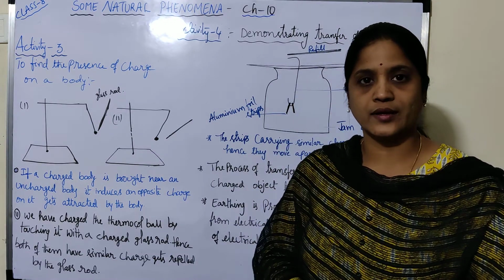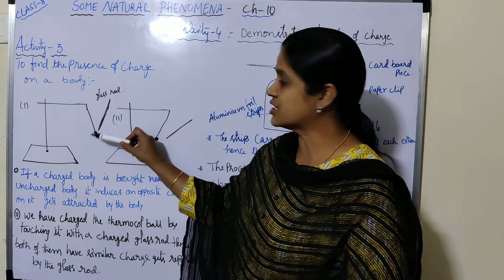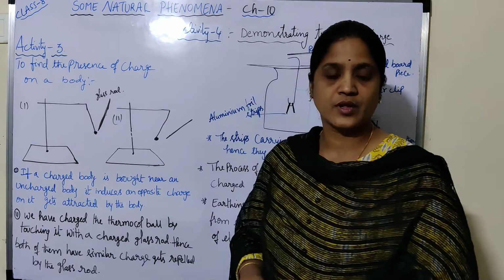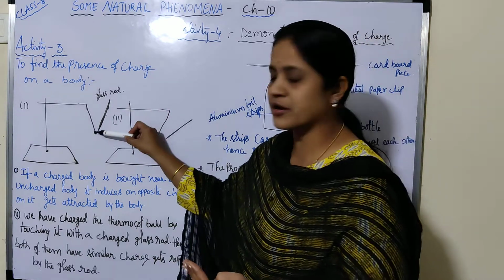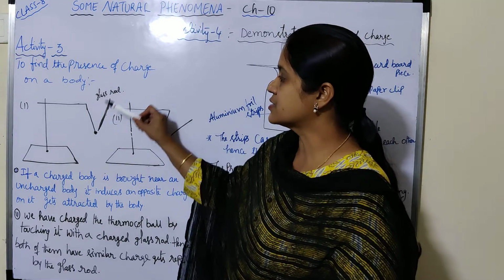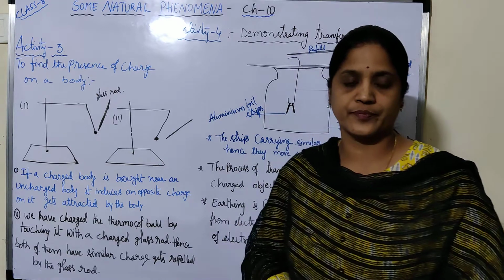That is case 1. Now make the thermocol ball touch the glass rod. In the first case, we just brought the rod nearer to the thermocol ball. After that, you make the thermocol ball touch the glass rod.